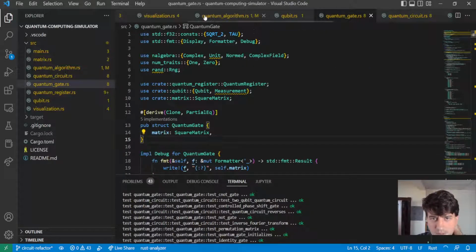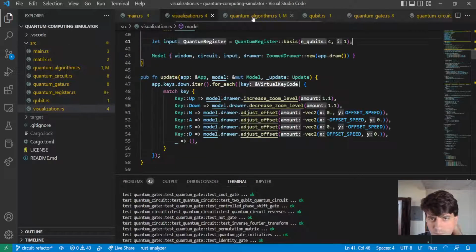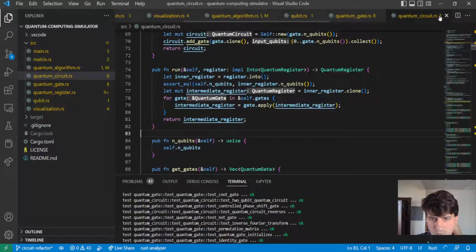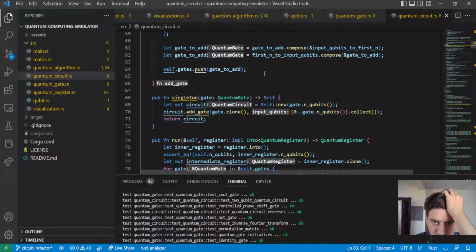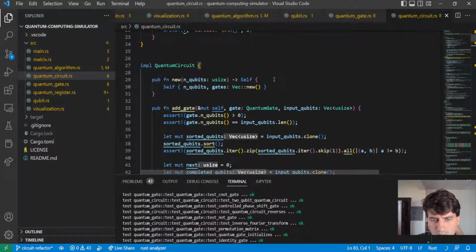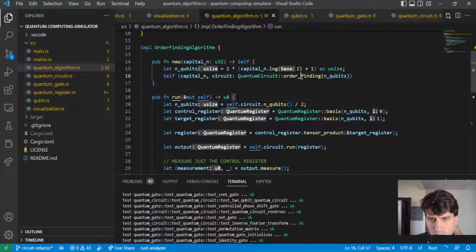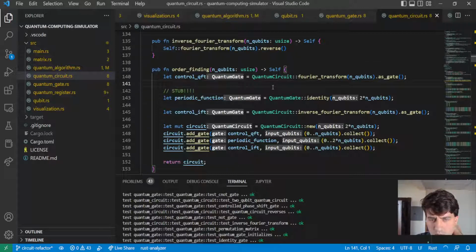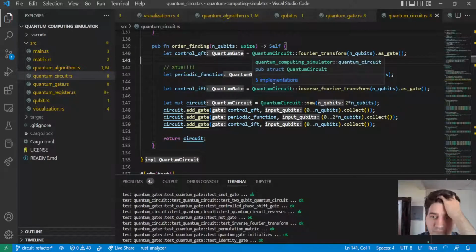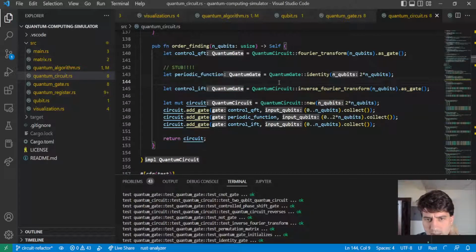That said, it's ooming on this step. I wonder if it's ooming on inverting this matrix, because it runs on smaller ones.